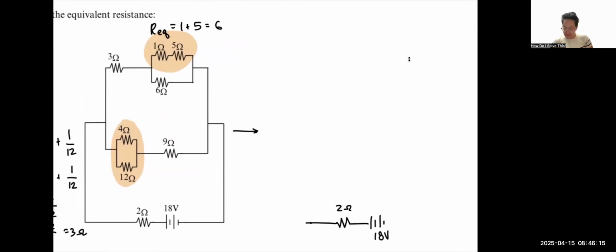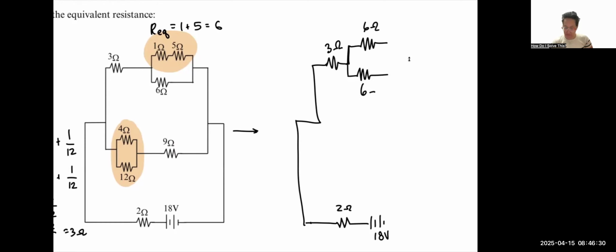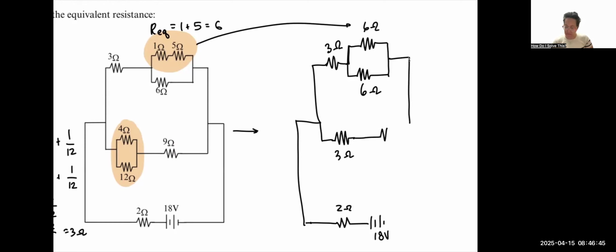But I did get a little bit more simplified up here, because on this top branch I have that 3 ohm, and then it splits to a 6 ohm and a 6 ohm, right? So this became that. And then down here on the bottom, I've got just a 3 ohm and a 9 ohm.